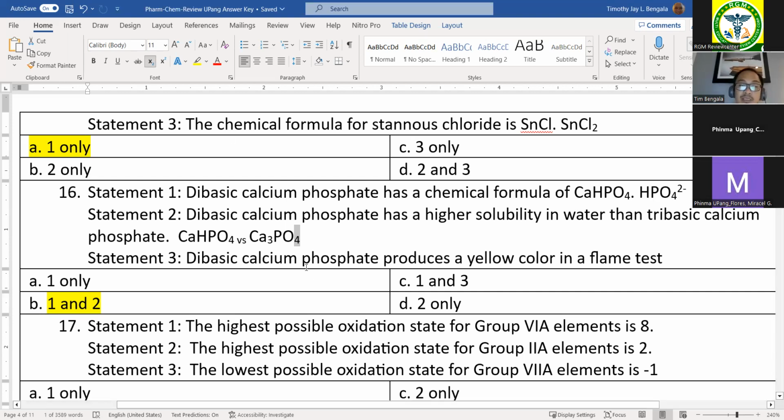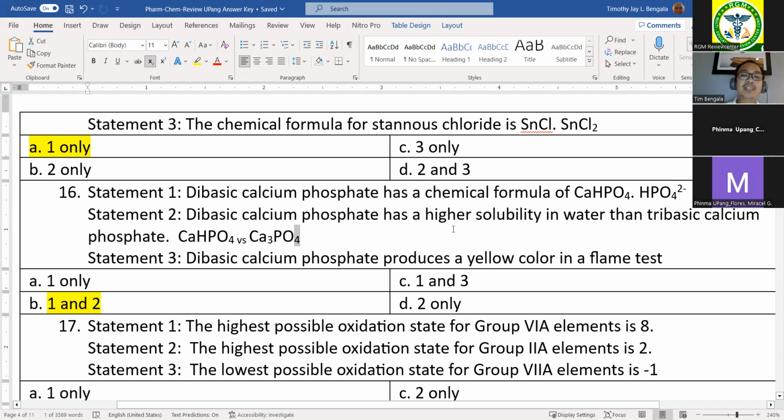So dito, negative 3 yung charge ng phosphate versus negative 2. So if you're comparing just the two of them, then the stronger interaction would be dito sa negative 3 yung charge. Hence, we would expect dibasic to have a higher solubility. So statement 2 is correct.